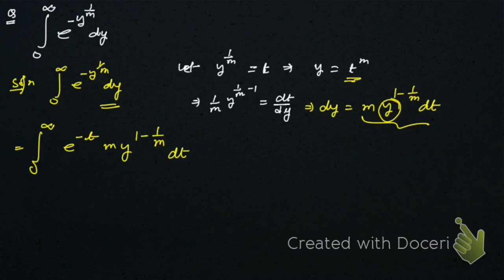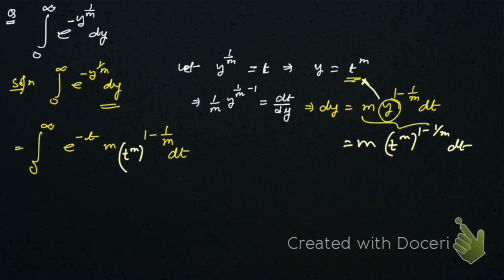So that's why we're going to write here t to the power m whole to the power 1 minus 1 by m. So hope you have understood this. That's what we got, right?